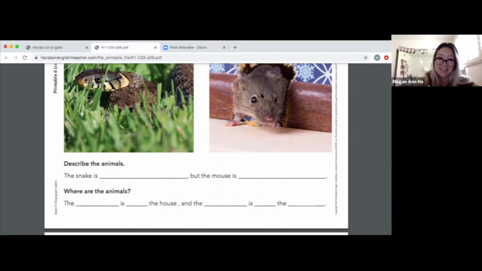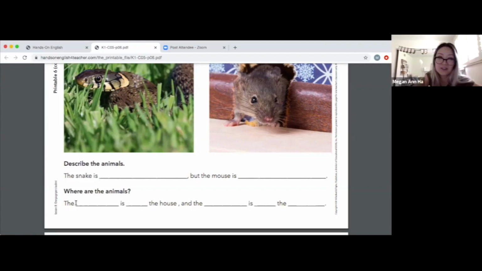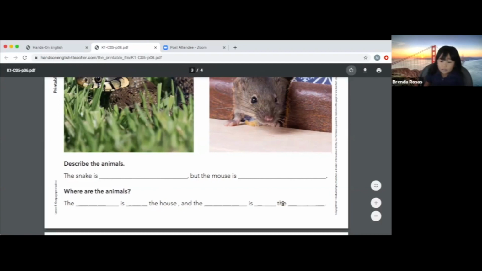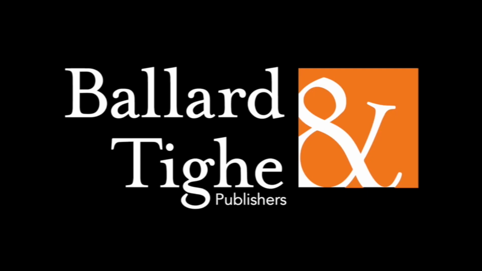The mouse is light. Is in. Are we doing in and out? Sure. The mouse is in the house. And the snake is in the what? Grass. Good.